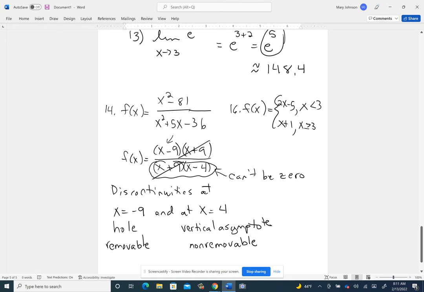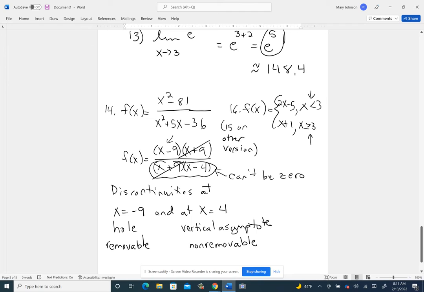Okay? Now, 16 on one version, and that was number 15 on the other version. Okay, you had a homework problem that related to this as well. The problem here is right here.